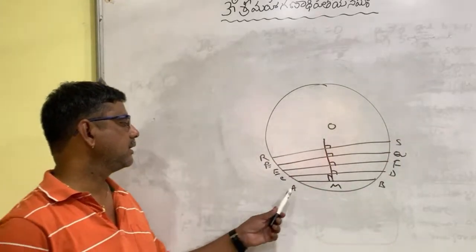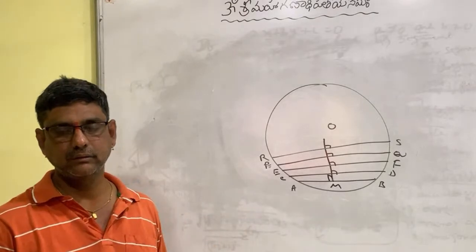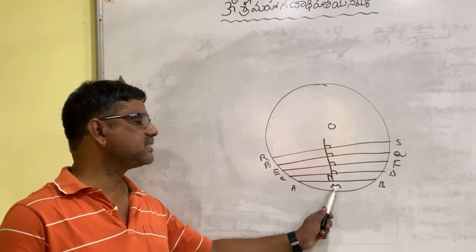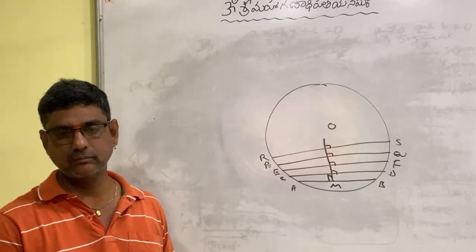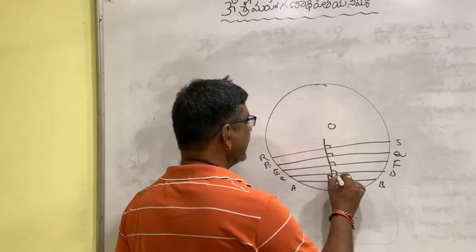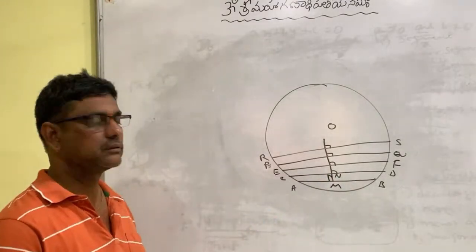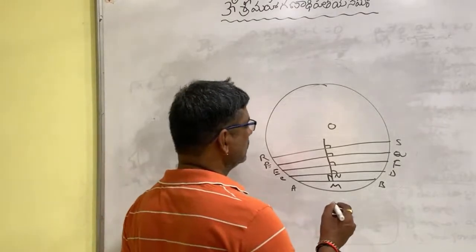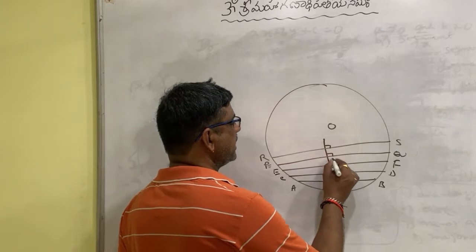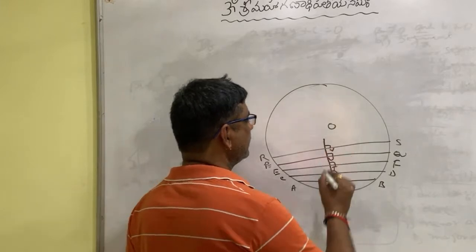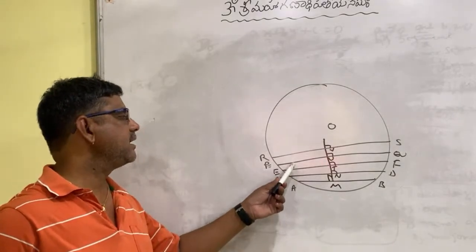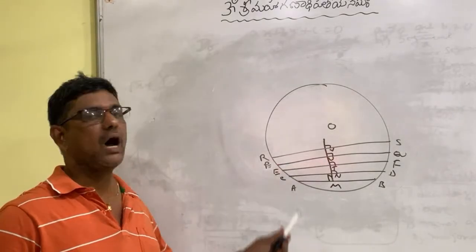See here, AB is a chord, and OM is its perpendicular distance. CD is another chord, ON is its perpendicular distance. Similarly, EF, PQ, RS.